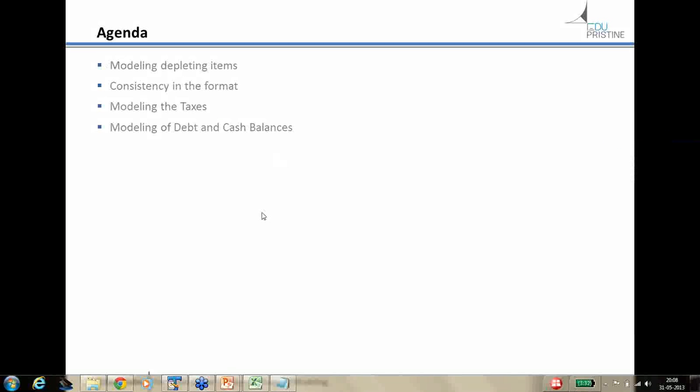Then we'll see how consistency helps a lot when you're trying to do modeling, and similarly when you're trying to model taxes, what all things we should take care of. And at the end, we'll also look at modeling of debt and cash balances. So all these are independent items, and we are going to do a very small exercise on all of them just to get a feel of it.